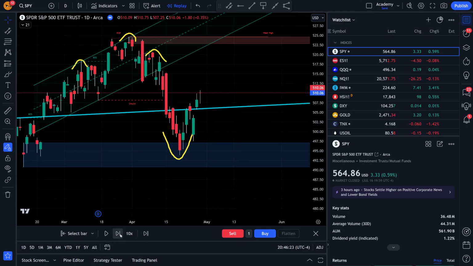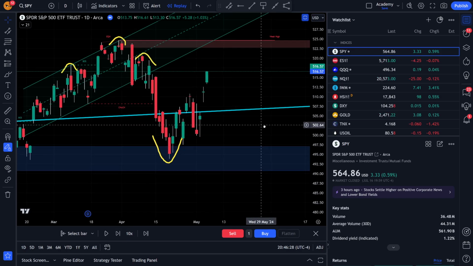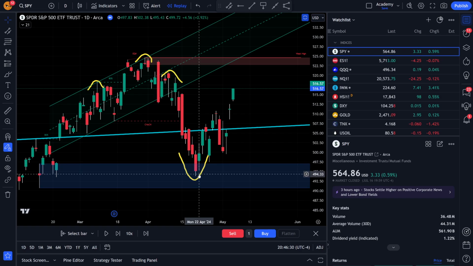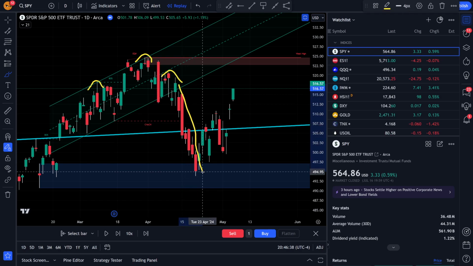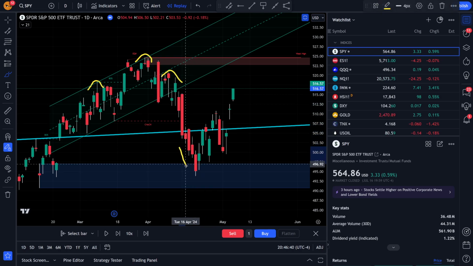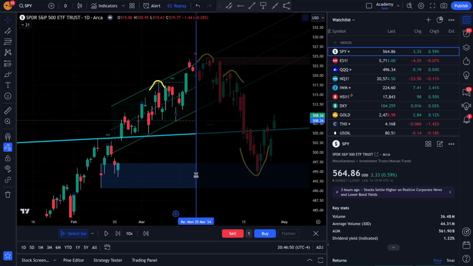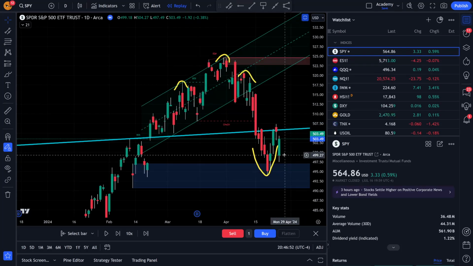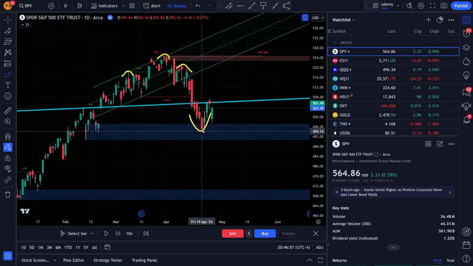But essentially, what SPY ended up doing is that it didn't make a lower low after this. After we had the moment where we broke below, and then finally we made a bounce, what would have been the trend change for SPY to really get selly and just get destroyed?